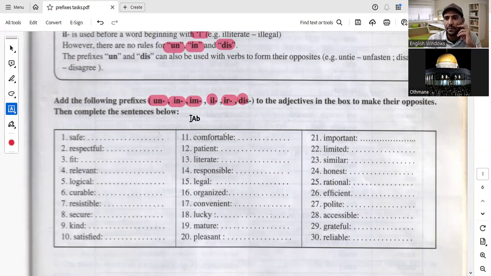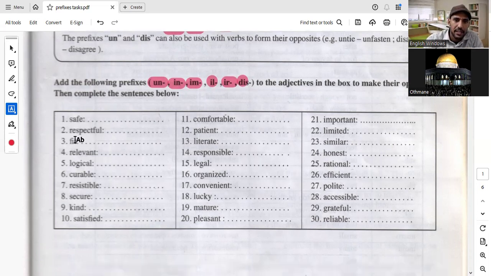Of course the opposite is not necessarily the purpose of adding a prefix. Prefixes may have other uses and meanings.